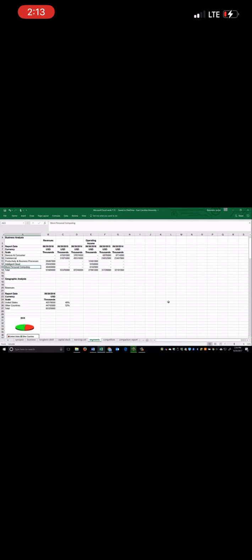Personal computing, could be the hardware part or the peripherals, but it could be software related as well. So it's difficult for me, given the data that I have, to accurately match up operating income or revenues with these industries.